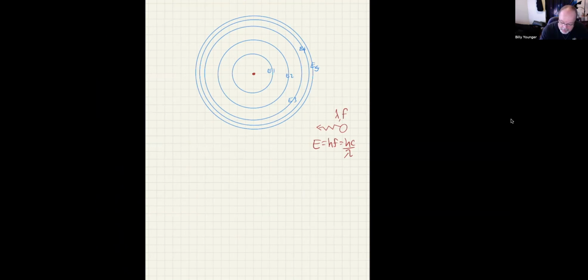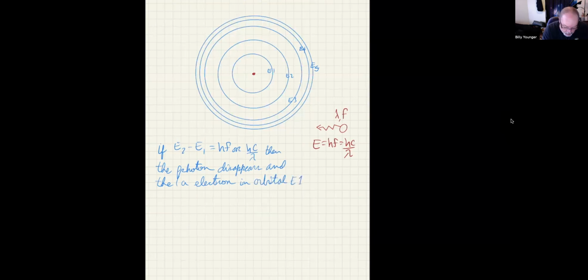And in its place, if it happened to match E2 minus E1, so I'll say if E2 minus E1 equals hf or hc over lambda, which are both equal, then the photon disappears and the electron in orbital E1 will jump up to orbital E2.